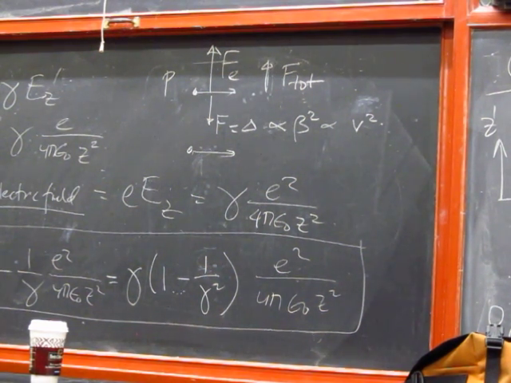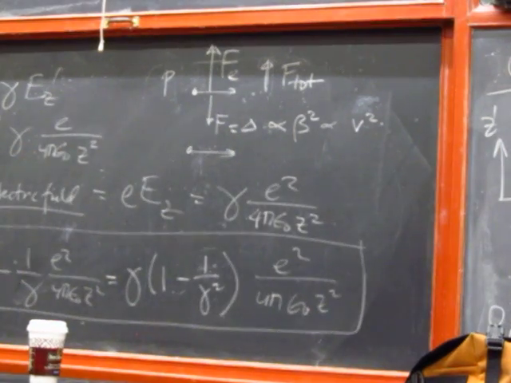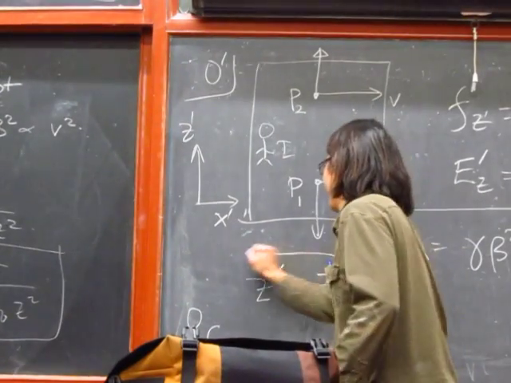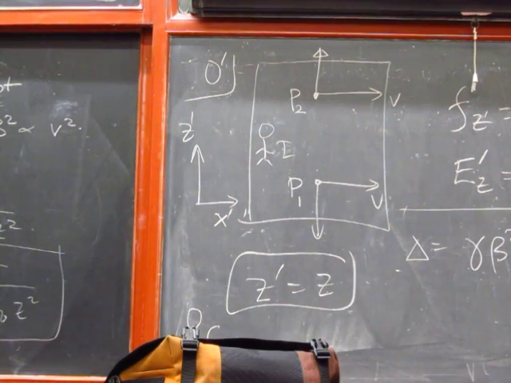Yes, you do, except that this is a transverse distance. Remember from Lorentz transformation, you have a contraction only in x, the y is the same, so there is no need to do that here. y is always equal to y prime. So that makes it simpler.